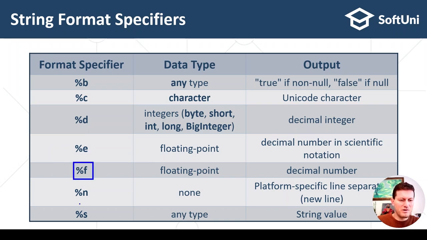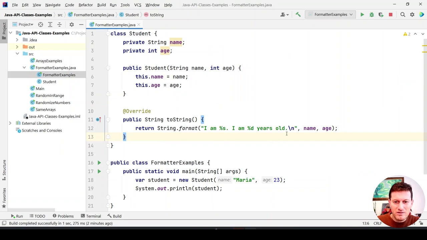%f, %s and %d are the most commonly used formatters for floating point numbers, strings and integer numbers. But %n is the new one, so I can use %n instead of this \n, which is better because this is the new one which will be correct for the current platform.